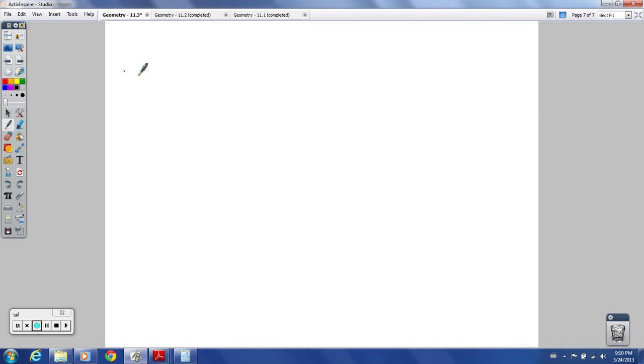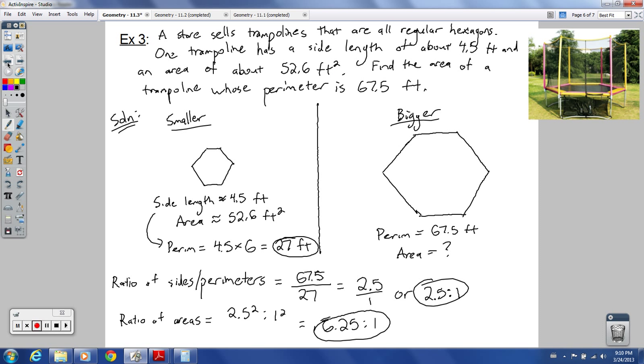And so I need to have one more page here. So the area of the larger trampoline is going to equal, we can think of it as 52.6 because that was the area of the smaller one.